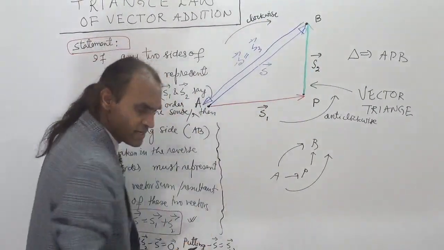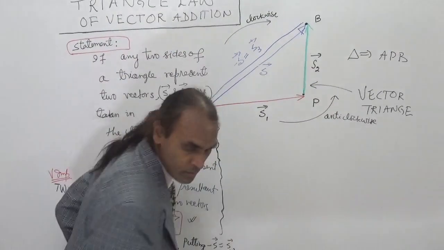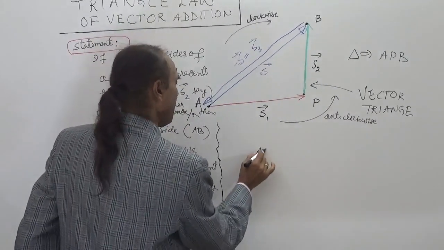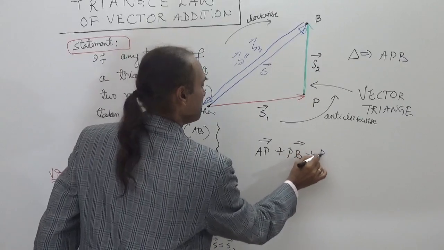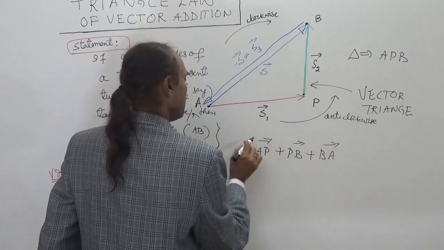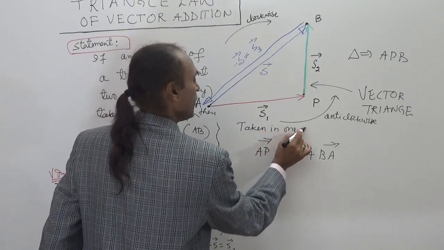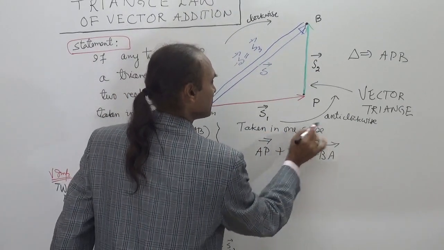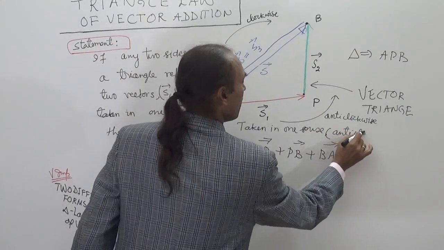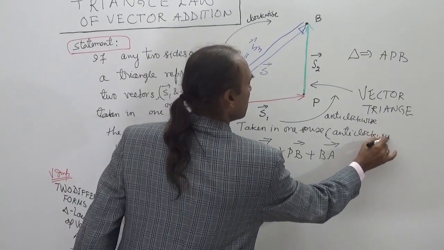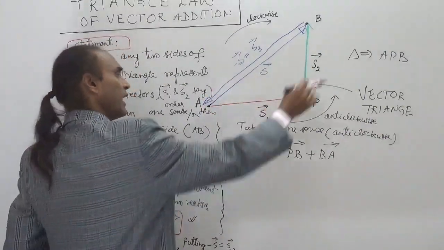If you take the anti-clockwise sense, it will be AP plus PB plus BA taken in one sense. What is that sense? Anti-clockwise. These three sides of this triangle are taken in anti-clockwise sense.